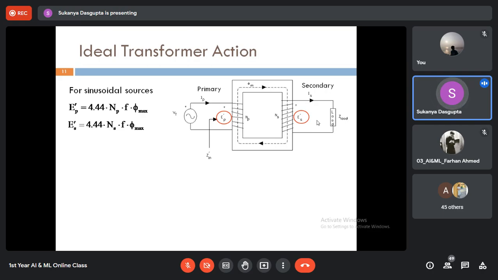And the EMF induced at the primary side, EP dashed, is proportional to d/dt of Φ, so N times d/dt of Φ. So considering Φ equals Φm sin ωt, what do you get as EP?